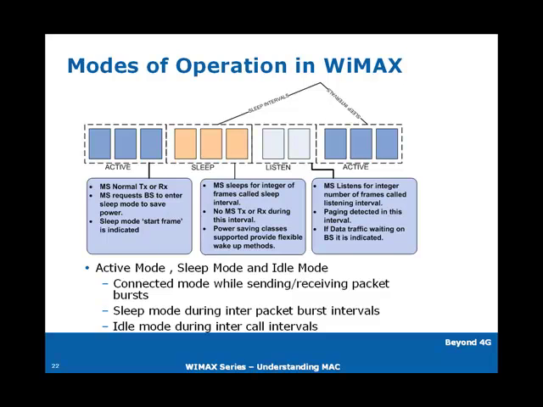In listening mode, the mobile station listens for an integer number of frames called the listening interval, and paging is detected in this interval. And if data traffic is waiting, then it has to be indicated in the listening mode. So in a nutshell, there are three types of modes in WiMAX. One of them is called active, the second is called sleep, and the last is called idle or listening mode.